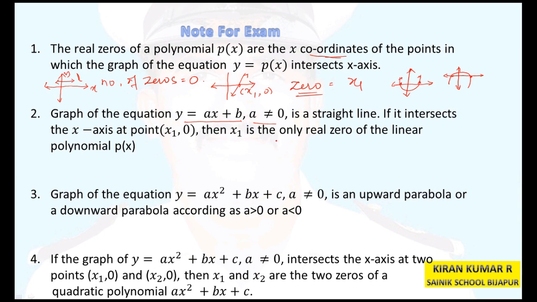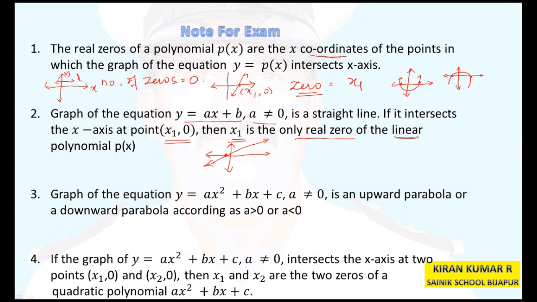It is a linear polynomial. For a linear polynomial, always we have a straight line. If this straight line cuts x-axis at this point, and the point is x1, 0, the x coordinate x1 will be the only real 0. Understood?